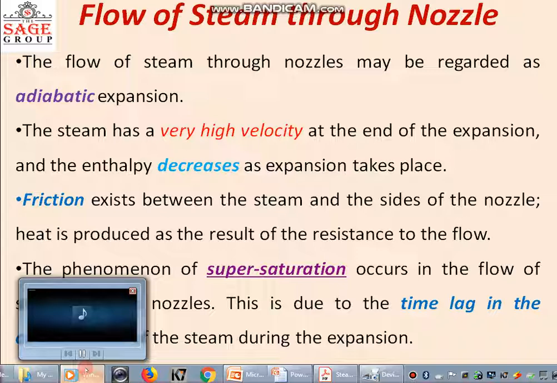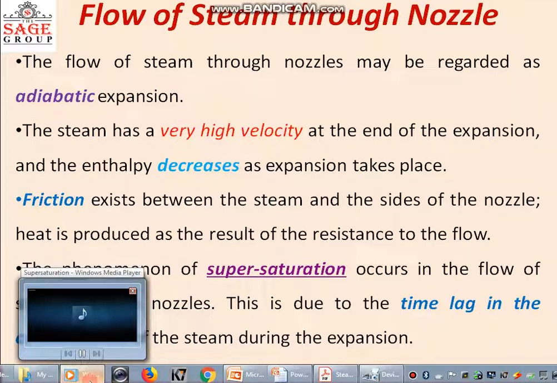Consequently, the condensation of steam is delayed for a little while. This phenomenon is known as supersaturation, and the steam that exists in the wet region without containing any liquid is known as supersaturated steam.